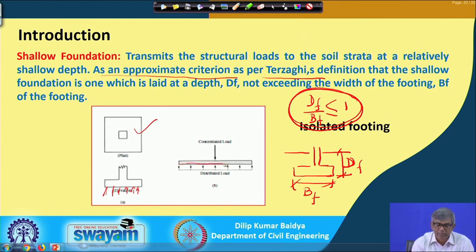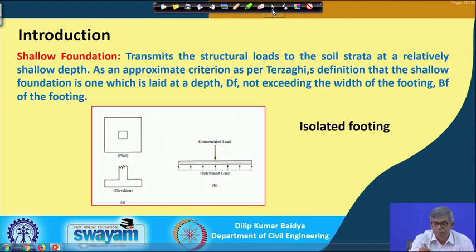This is the member, like you can assume the beam is held here and this portion is a cantilever with a downward loading. Accordingly, this member can be designed. So, this is the footing, plan and elevation, and this is the idealization for analysis. This is called isolated footing, sometimes spread footing, sometimes pad footing, as I have told before.